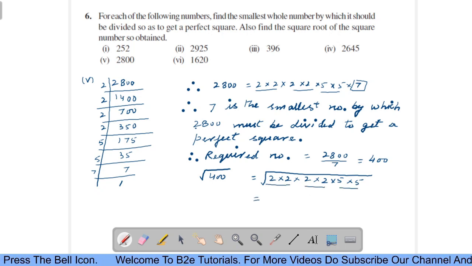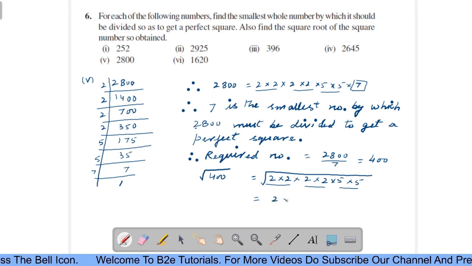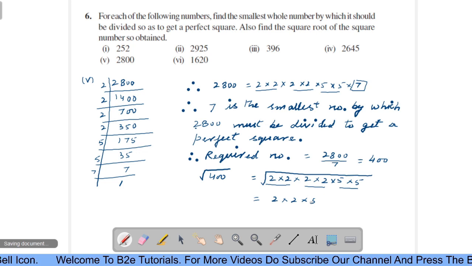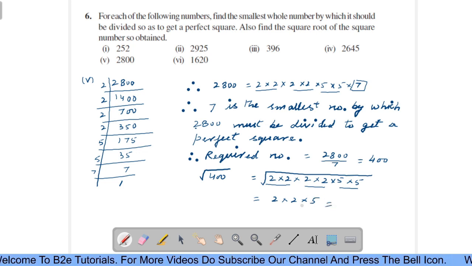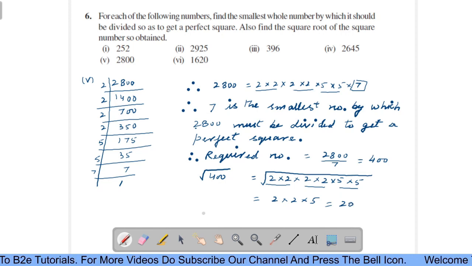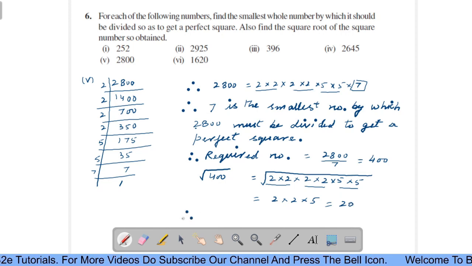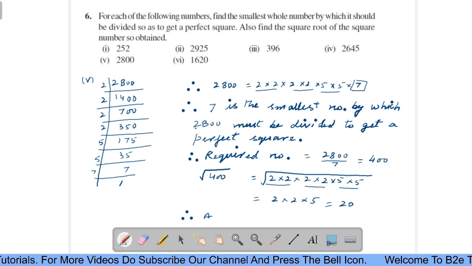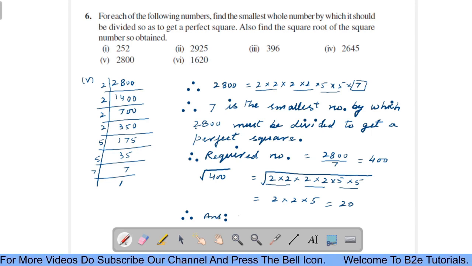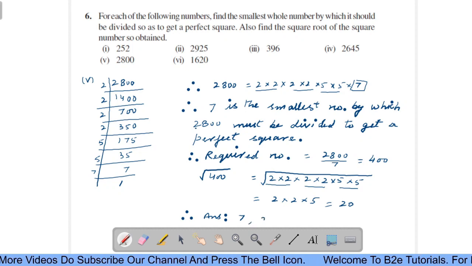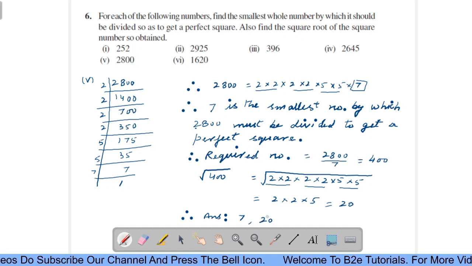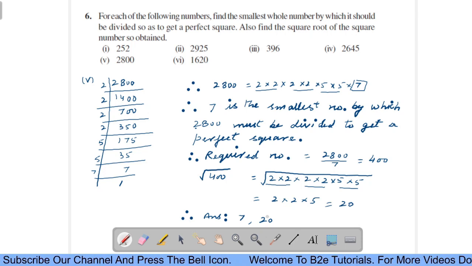Take one number from each pair, that is 2 into 2 into 5. Multiply it. 2 4s are 8, 5 is 20. Your answer is 7 and 20. Now come to next part.